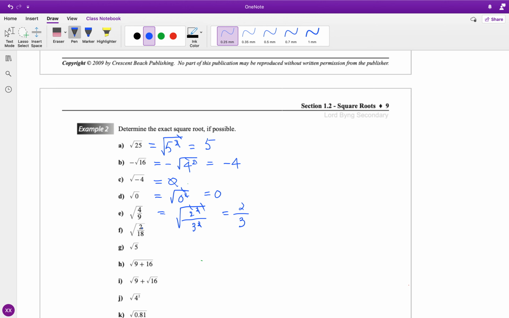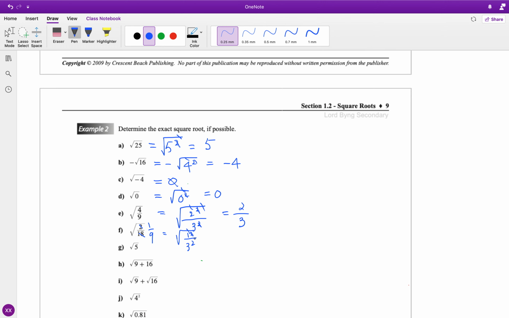Now this one, the interesting thing is that I cannot do anything about the 2. 2 is not a perfect square, but right from the beginning you can see the other part can be canceled. So that is 1 over 9, which is 1 over 3 to the power of 2, and you can see this one here too.